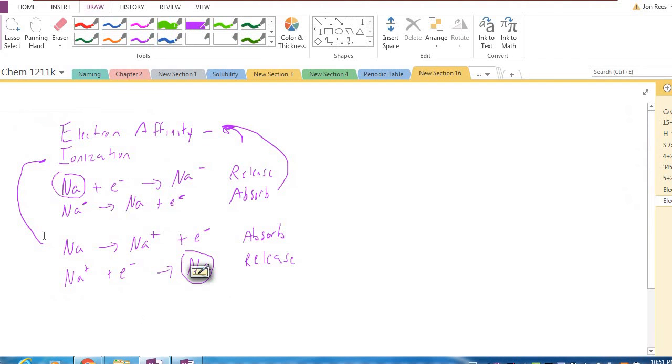When we take a neutral and pull off the electron, that always absorbs heat. When we take the neutral and try to stuff an electron into those outer shells, that always releases heat, and this has to do with electron attachment, and we use those electron affinity numbers. I think this should help you tackle these problems.